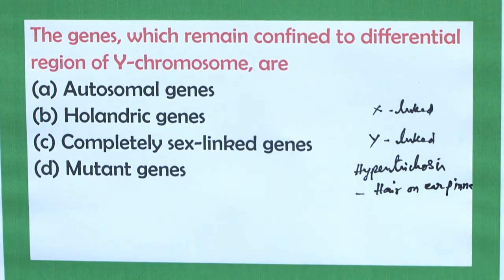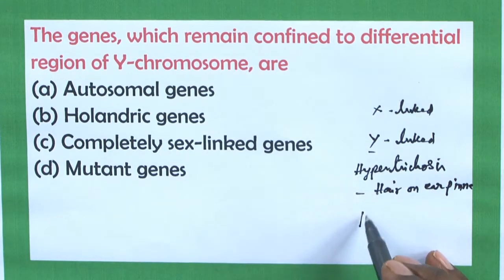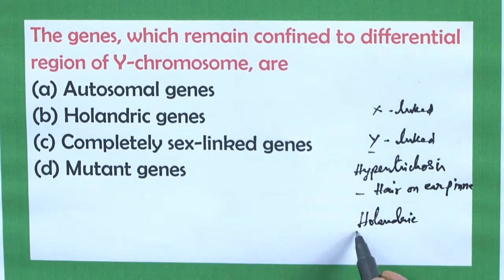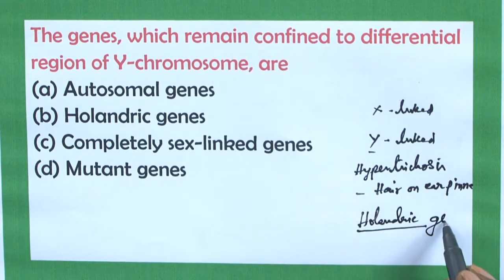This is a genetic character associated with the Y chromosome and inherited from father to son, and such inheritance is called Y-linked inheritance. It is also called Hollandric inheritance, and the genes are called Hollandric genes.